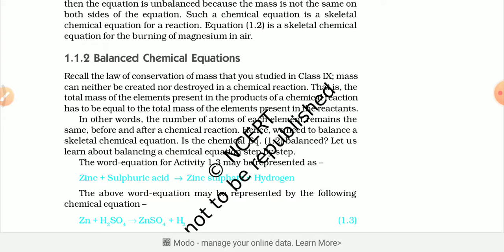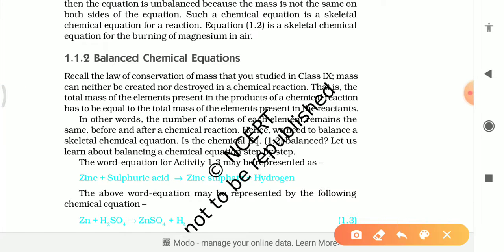Now let's start from here. Recall the law of conservation of mass that you studied in class 9. Mass can neither be created nor destroyed in a chemical reaction. Yes, this is very important.